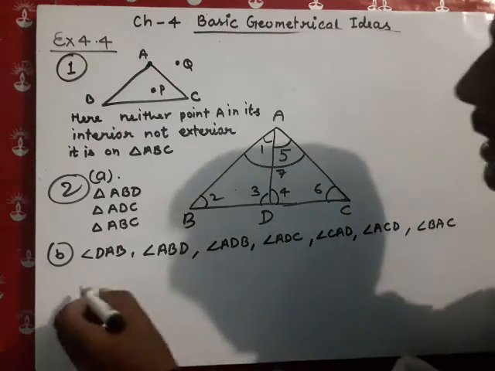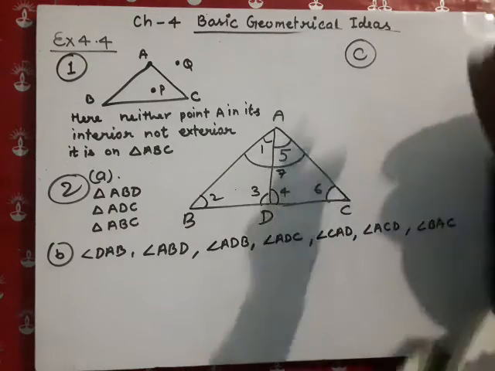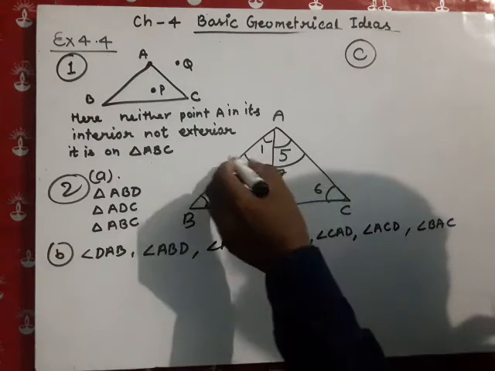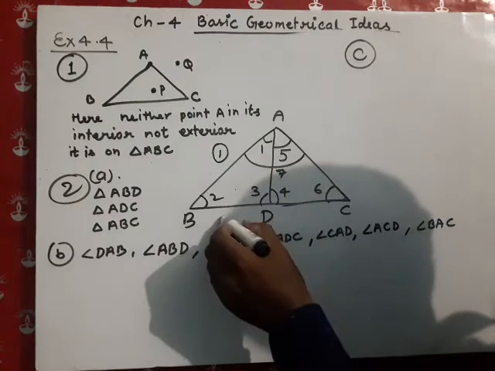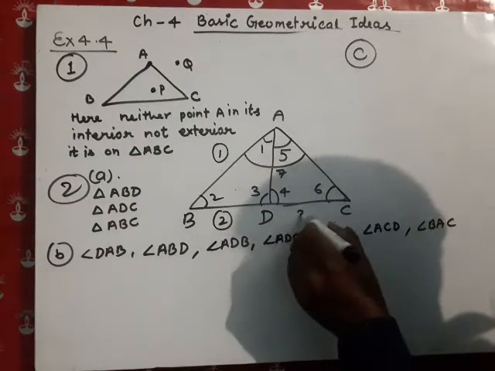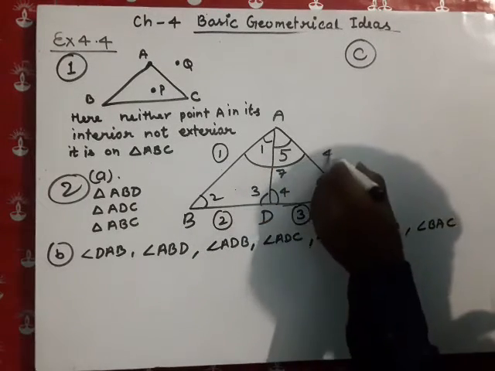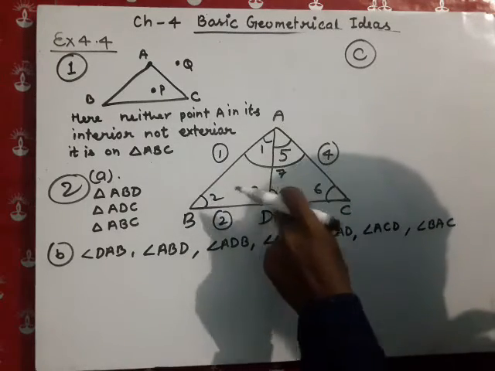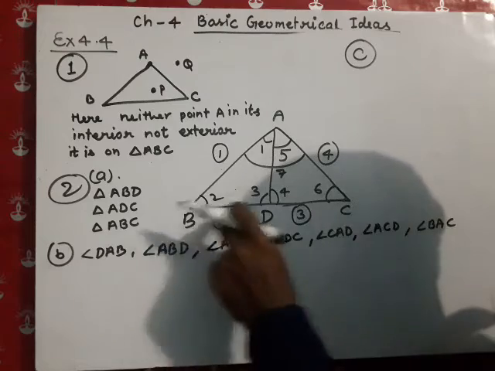Now going to the C part. In the C part the question asks to write the names of the 6 line segments. First is AB, the second is BD, third is DC, fourth is CA, fifth is AD and sixth is BC.